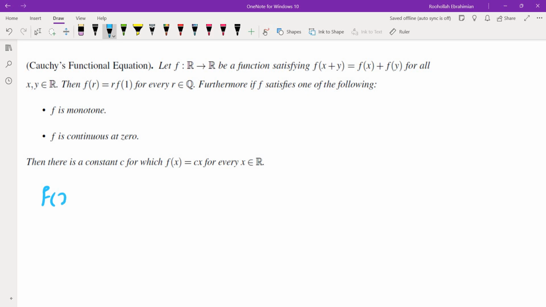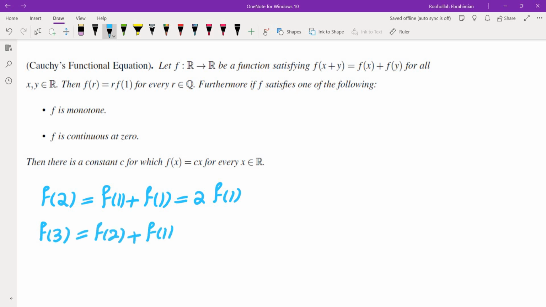If I look at f of 2, that would give me f of 1 plus f of 1, by substituting x and y by 1, which is 2f of 1, which is exactly what I wanted. And if I do f of 3, that would be f of 2 plus f of 1, which is 2f of 1 plus f of 1, which is 3f of 1.